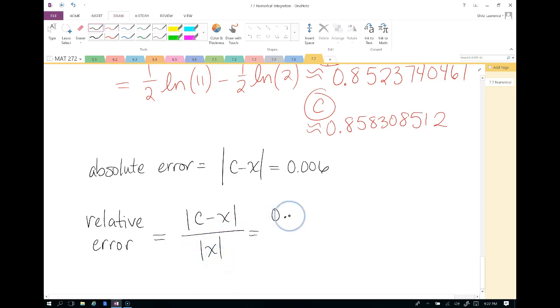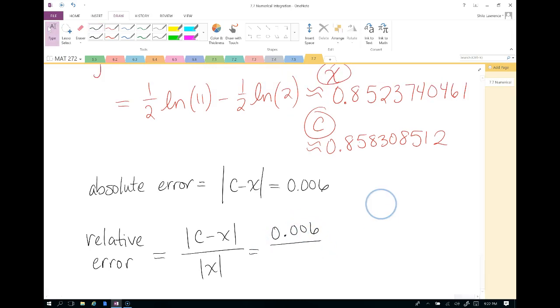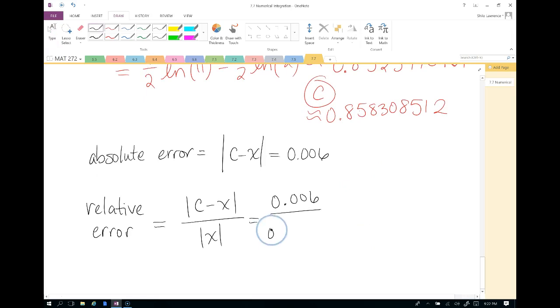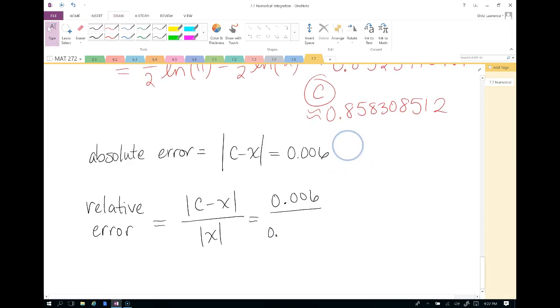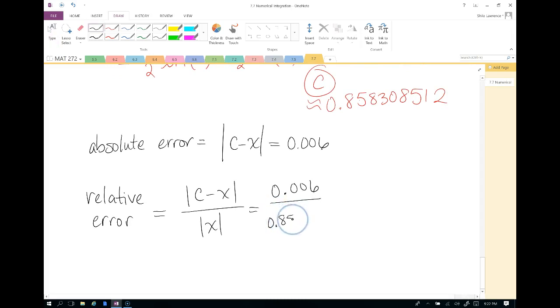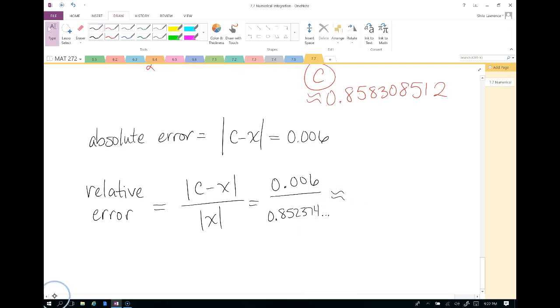So this is going to be 0.006 divided by 0.852374. And I got 0.00, and again, if we just round it, it's about 0.007.